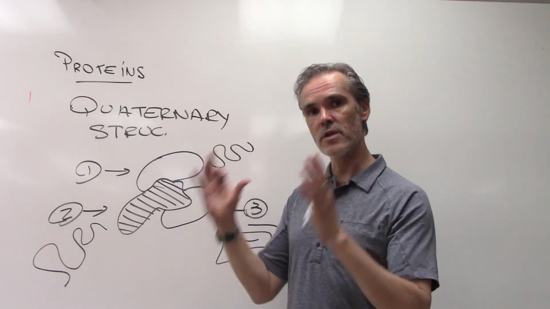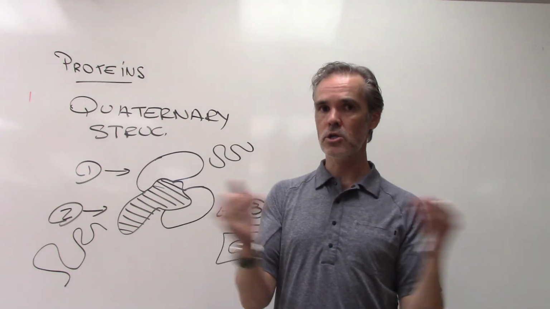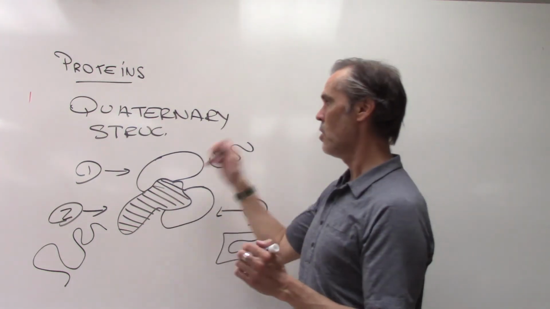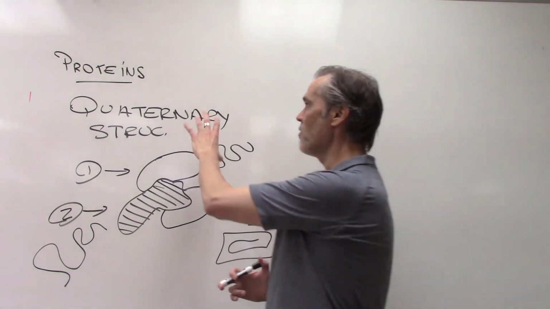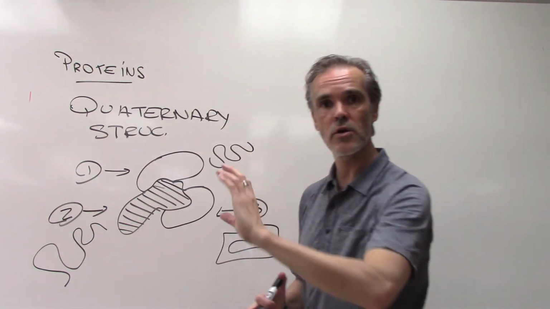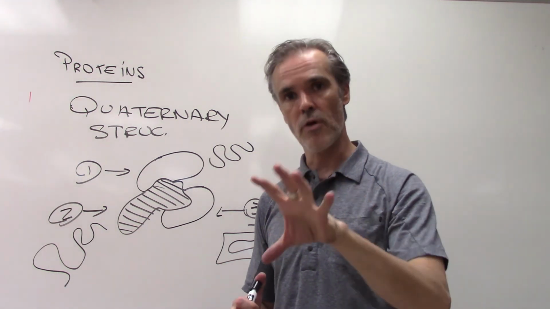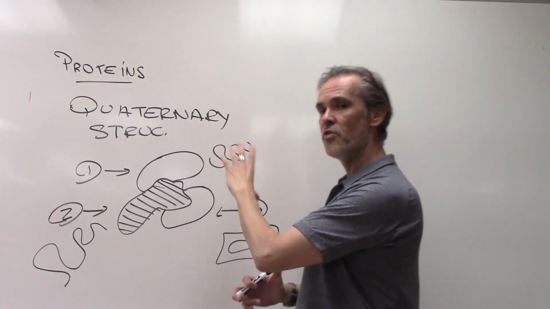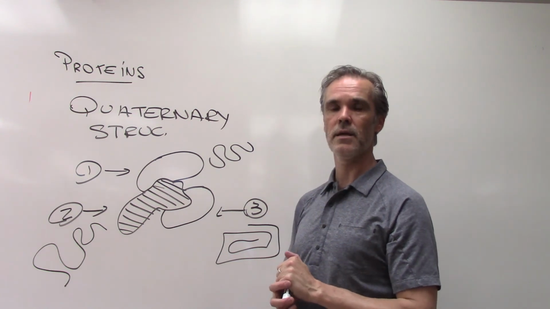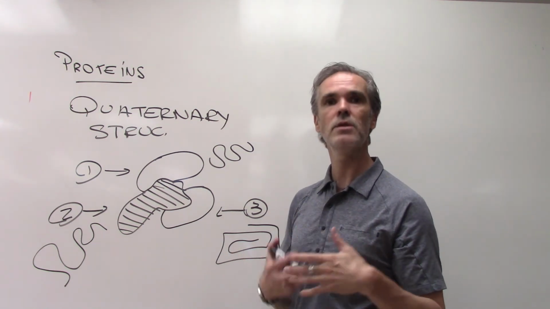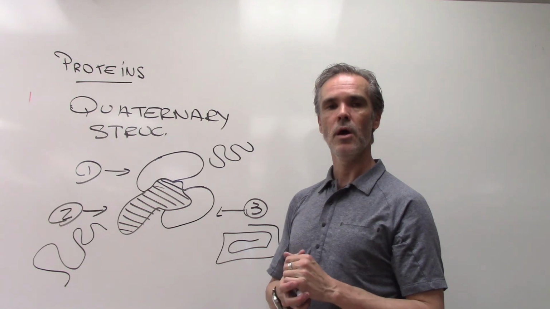Remember, there's a shape and there's a function, and the two of them are connected together. Well, that's a direct result of the quaternary structure, the tertiary structure, the secondary structure, and the primary structure. Okay, so that is a very important piece to understand the formation and how proteins are made.